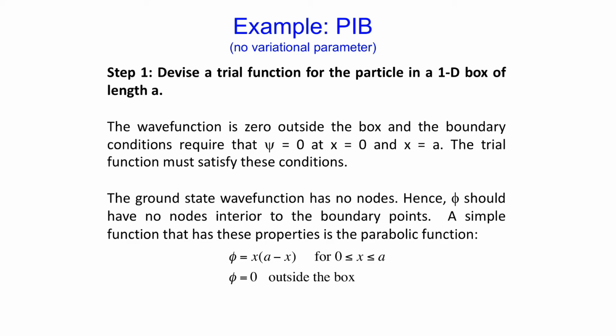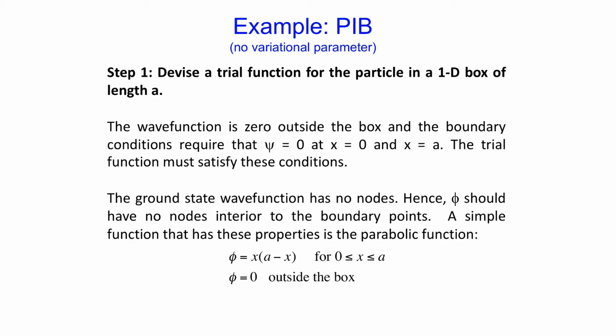So our example, once again, is a particle in a box. We are not going to use a variational parameter in this example, so we're going to keep it nice and simple. So our first step here is, again, let's pretend we don't know what the solutions are to the particle in a box. Your first step is to devise a trial function for the particle in a one-dimensional box of length a.